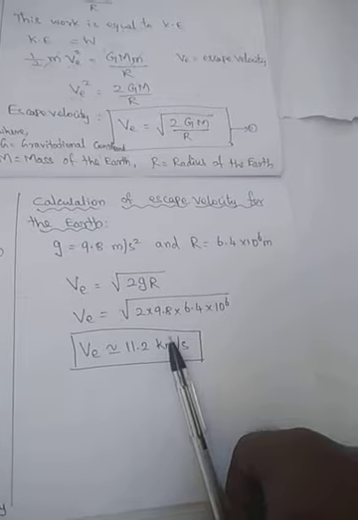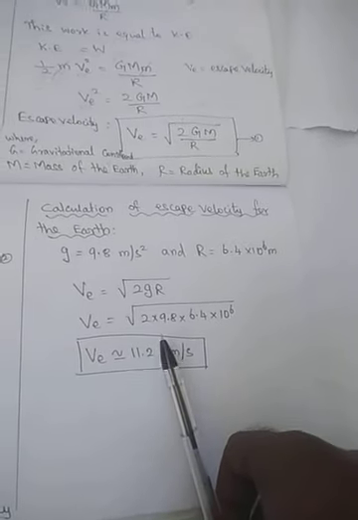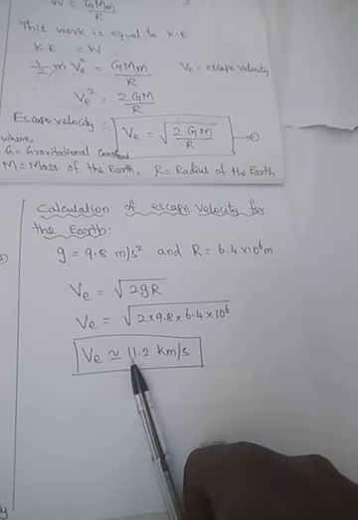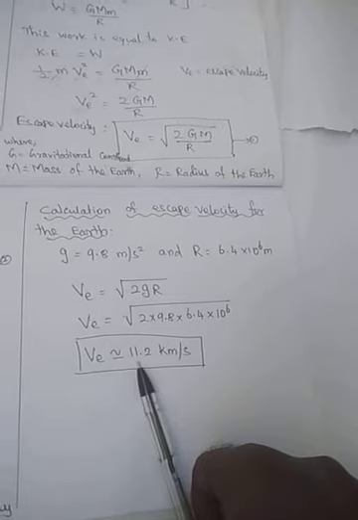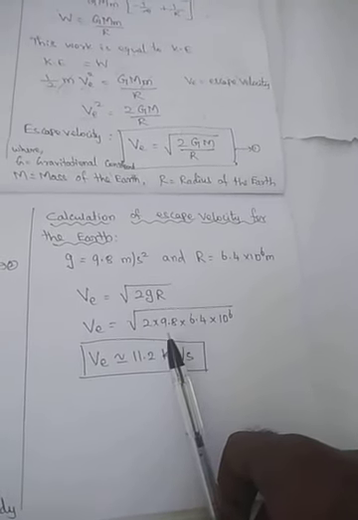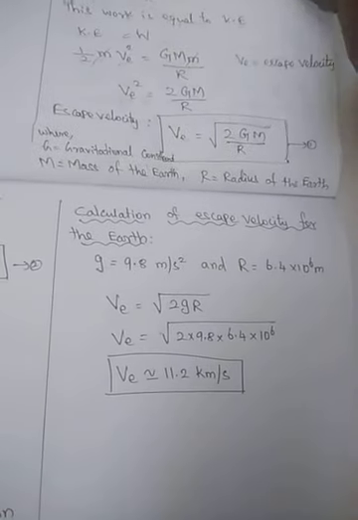If any body is projected vertically upwards from the earth's surface at a velocity greater than or equal to 11.2 kilometers per second, it will escape from the earth's gravitational field. So that is the escape velocity.